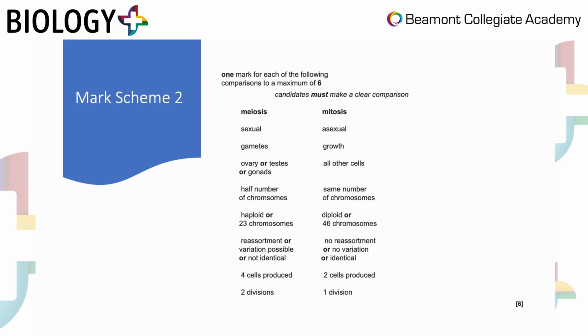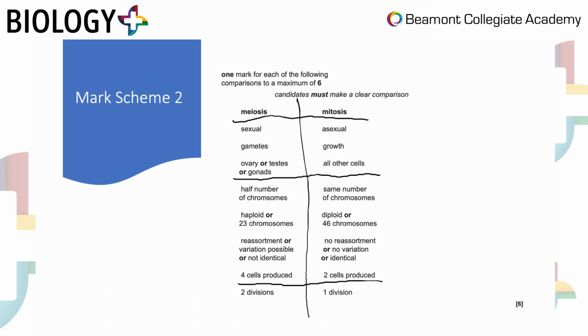Now taking a look at the GCSE mark scheme, the examiner too believed that a table was a great way of comparing meiosis and mitosis. If we look at some of the GCSE mark scheme, marks are given for where each occurs, and for how many cells, 4 in meiosis and 2 in mitosis.